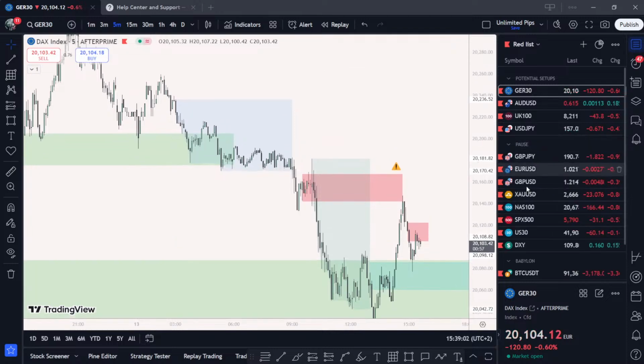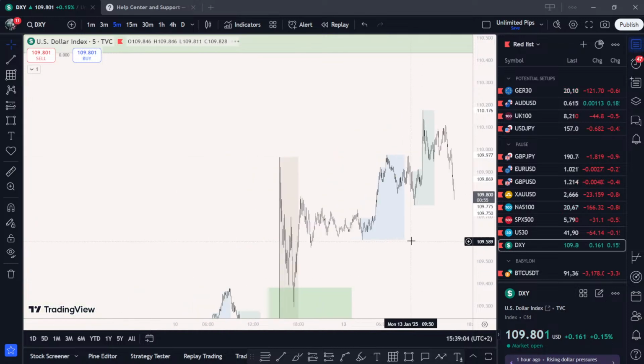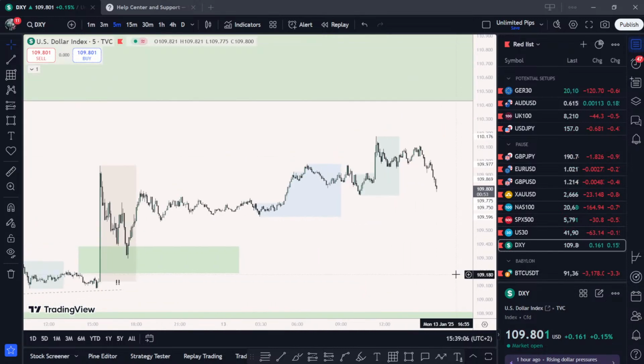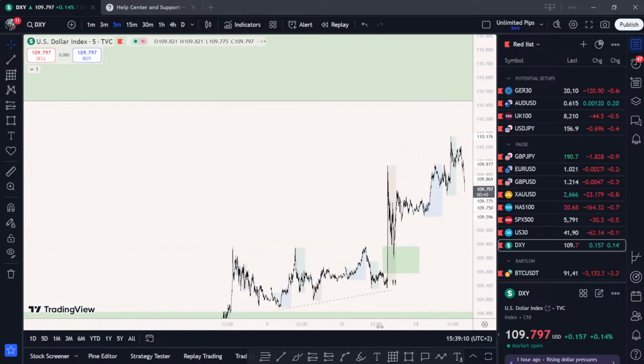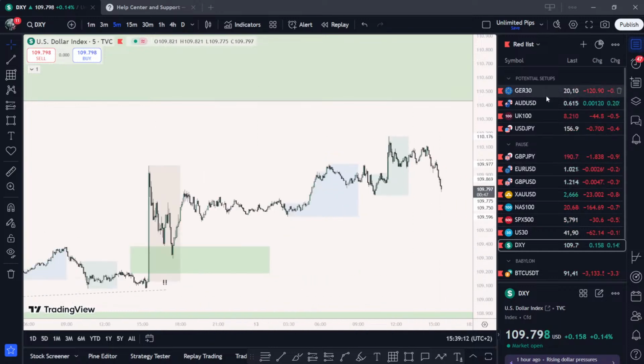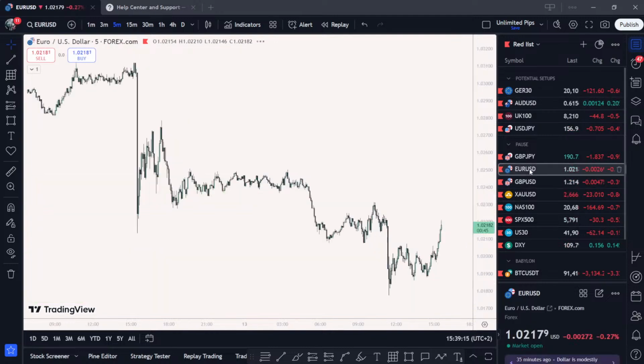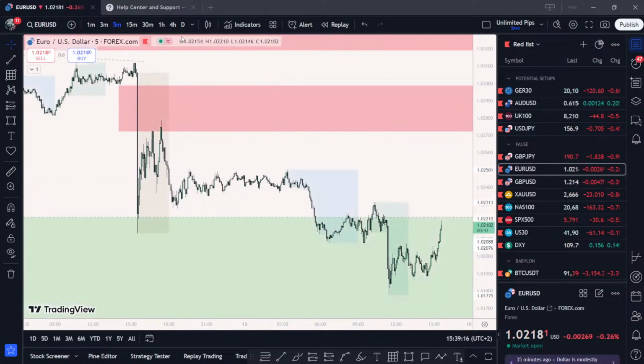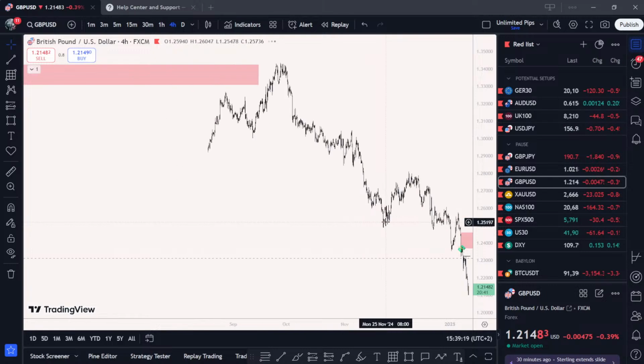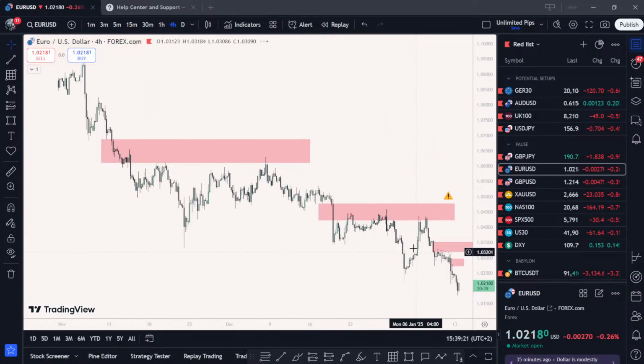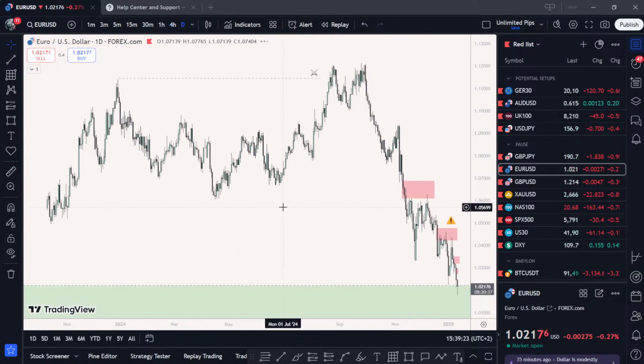Let's see. What did the XY do for today? Oh yeah, it basically just went higher. So this rebalance, so I understand it now. Wait. What area are we?